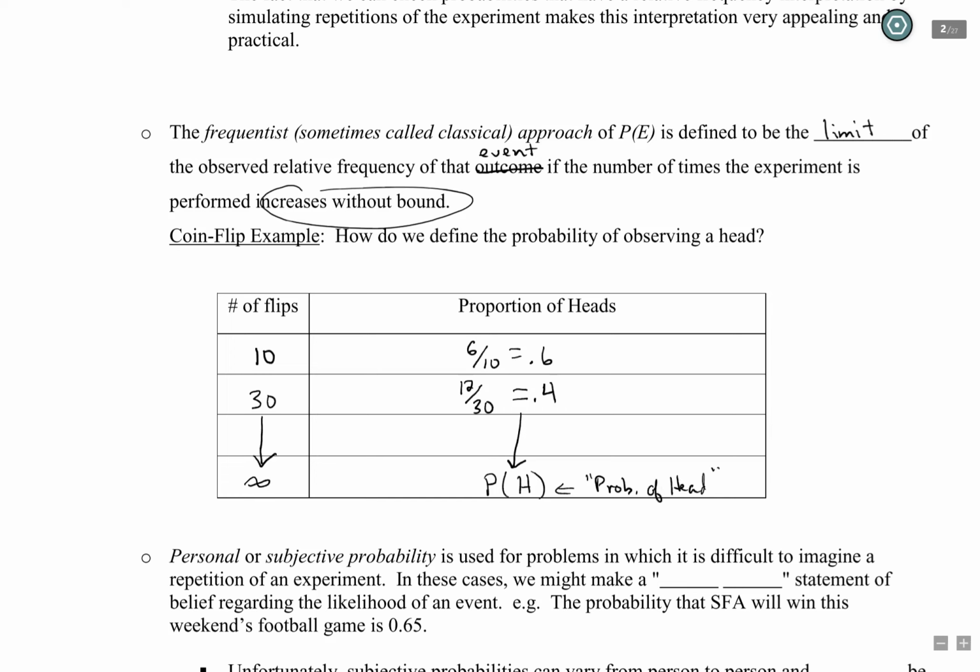If you could imagine what would happen as you increase the number of flips, this number is going to change, 0.6 to 0.4, then it's going to change again, and as the number of flips gets really large, the changes are very small, and so this is going to converge to some number, and that number we think of as the probability of the head. It's a limit idea. That's the frequentist approach to interpreting probability.